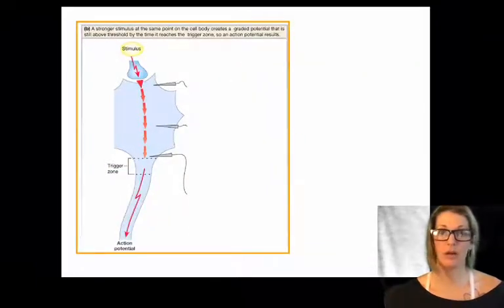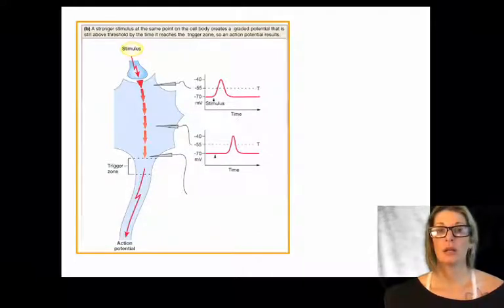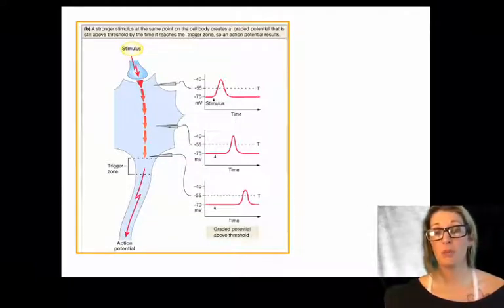Okay, another scenario. Once again, we reach 40. We're at the middle of the cell. We're still at 40. We reach the axon hillock. We're a little bit below 40, but well above our negative 55 threshold.